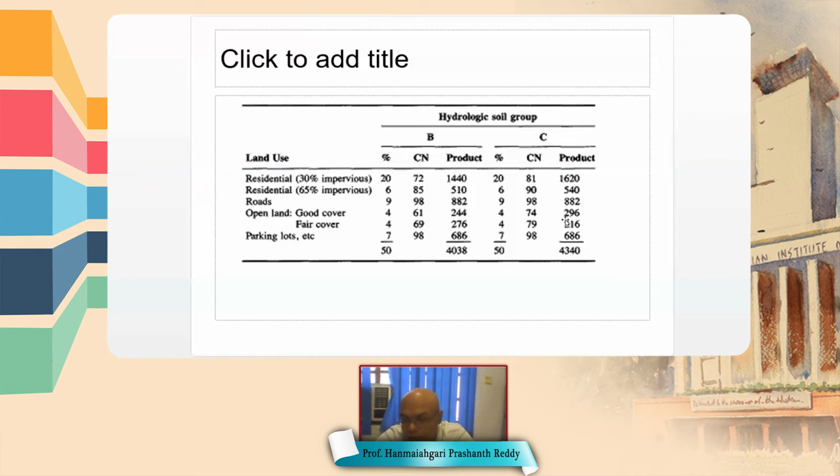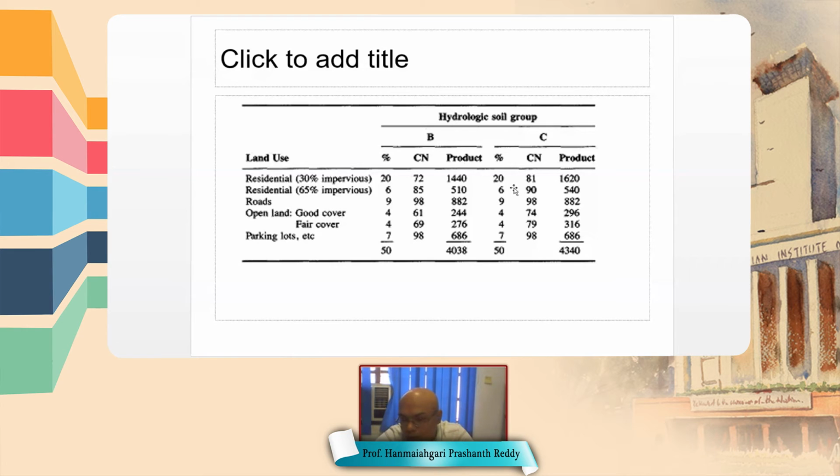Once this table is formulated, the product is 4038 here, 4340 here. So we add 4038 plus 4340, that becomes 8378, and divide by the total percent, that is 100%.